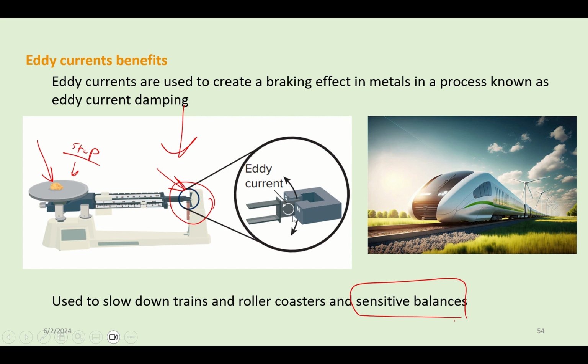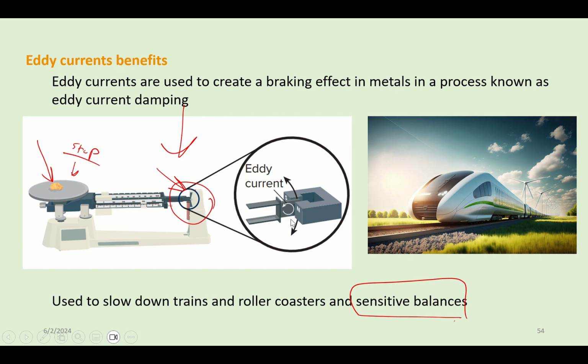Due to relative motion between this piece of metal and the magnetic field, a current will be induced in this piece of metal that always opposes the change in the original magnetic field. When it's moving away, the original magnetic field is decreasing. So it will create a current that induces a magnetic field that tries to increase it back up. And when it goes back down, the magnetic field penetrating this piece of metal increases.